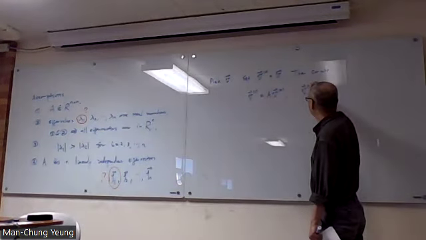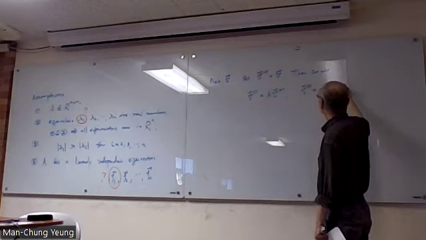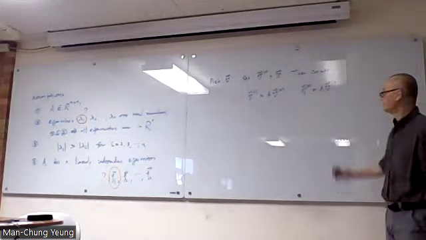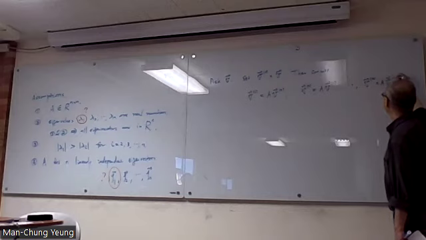Compute V2, A times V1. And so on. In general, Vk is A times Vk minus 1.